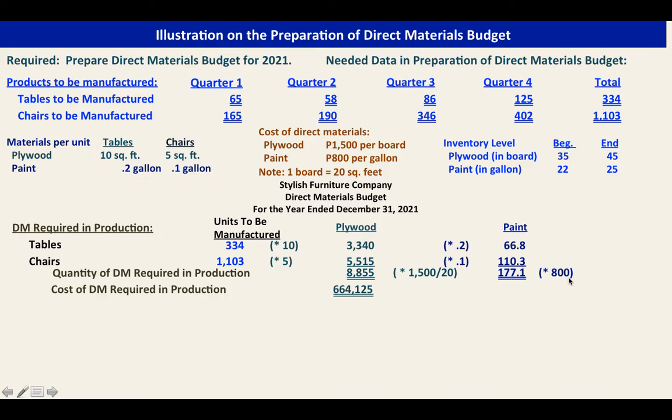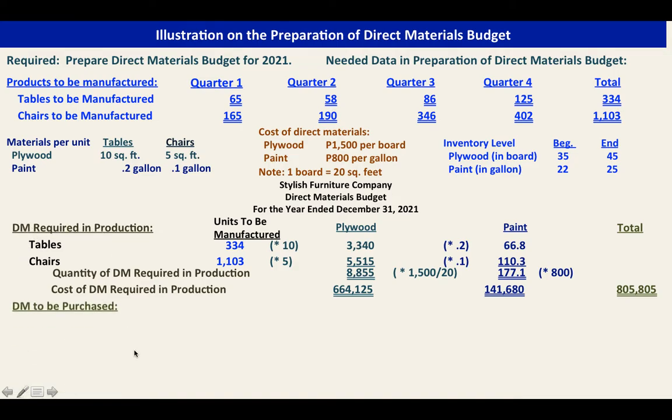Multiply that with the cost of 800 per gallon, so you will have 141,680. It is also important that you total the cost in production. Okay, the management needs that. So the total is 805,805. Okay, this is the direct materials required in production.